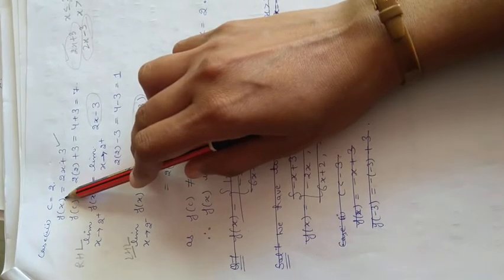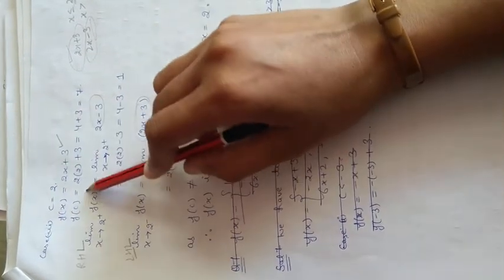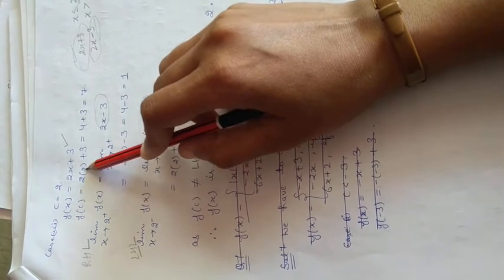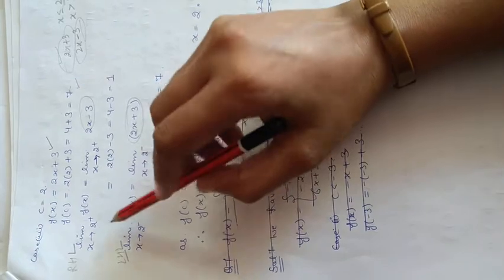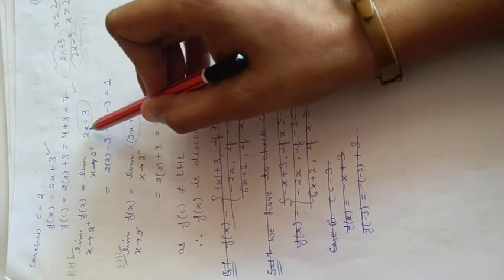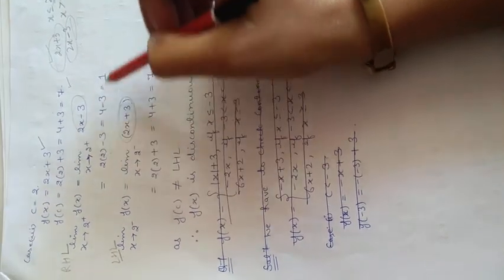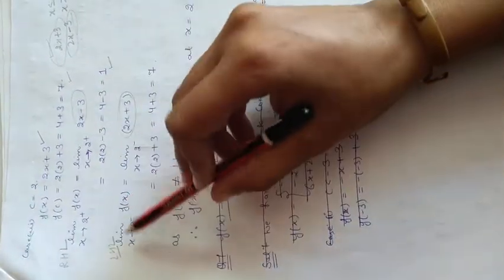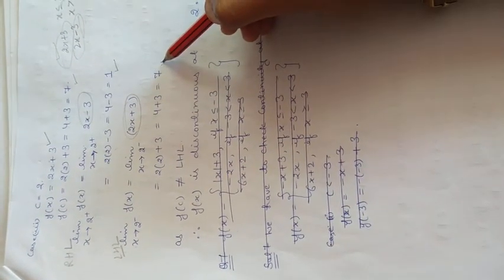When I am putting the value of c is equal to 2 in this function, what I will get? f(c) is equal to 2 into 2 plus 3, that is 4 plus 3 is equal to 7. And when I am doing the right hand limit, that is 2x minus 3, that is x tends to 2 positive, I will get the value 1. Again when I am finding out left hand limit, I will get the value 7.